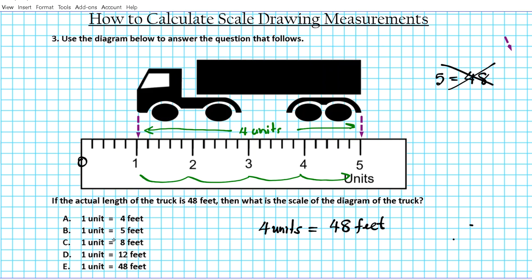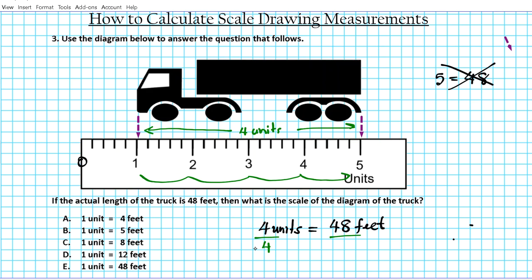If you look at the options that we have here, they want to know what 1 unit is equivalent to. So you notice that we have 4 units on the left side of the equation. How can we change 4 units into 1 unit? We're going to have to divide both sides of the equation by what? In order to make this 1, we have to divide by 4.